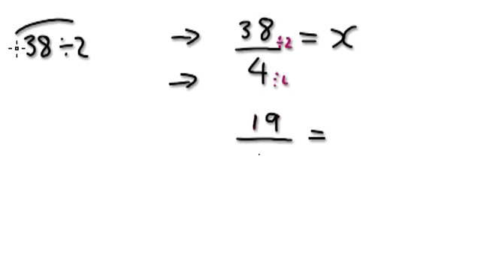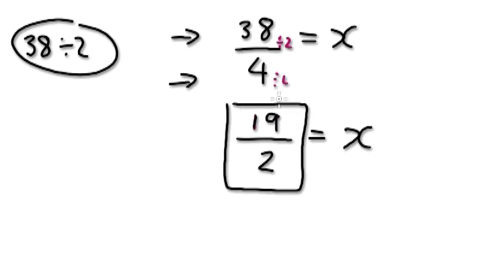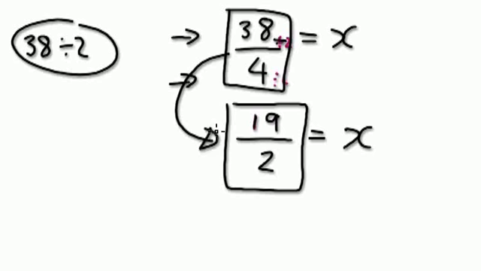Do whatever you have to do to work that out. And 4 divided by 2 is 2. So x equals 19 over 2. Have another quick glance to see if you can simplify this. You can't, so this is our final answer. We're just dividing the top and bottom by 2, so it becomes this. This is a lot neater.